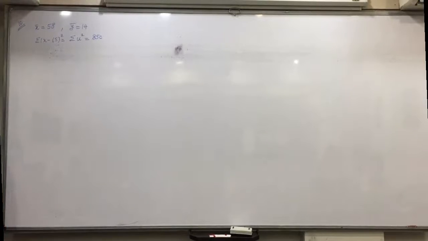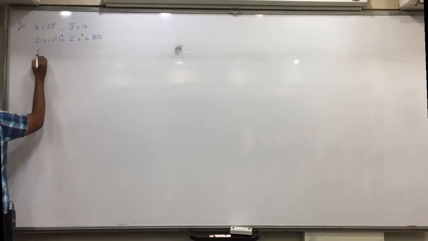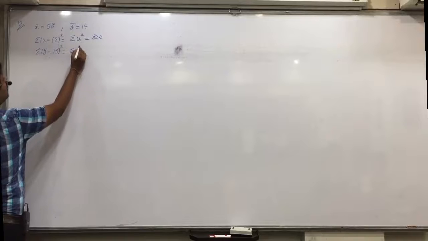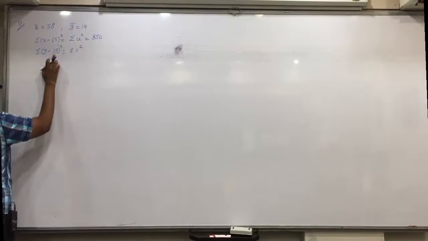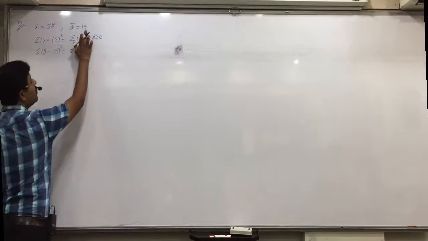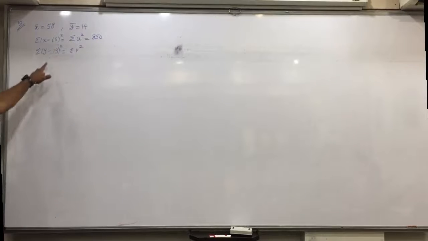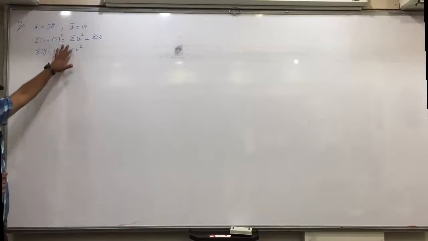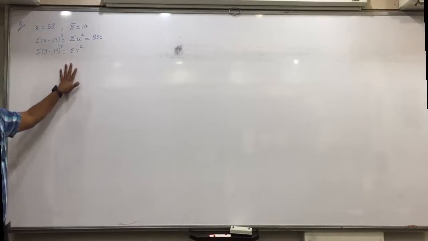Understood that? Same way, what will be sigma (y minus 13) whole square? Sigma v square. Because what is this? What is y bar? What if it was given y minus 14 square? Still sigma v square. You cannot apply half formula 5 and half formula 6.